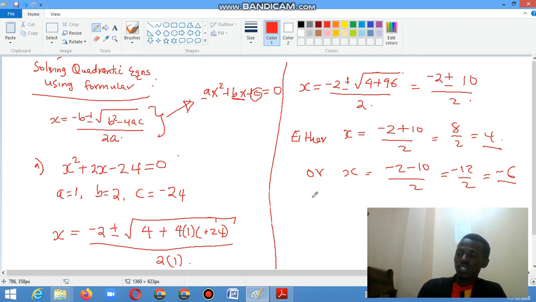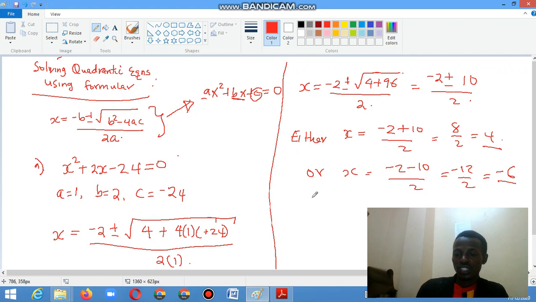And when I say harder quadratic equations, those are the equations where finding factors is not something easy. So if you look for factors and you don't see any factor, you are advised to use this method of formula. But if you can get factors, well and good, that's perfect.